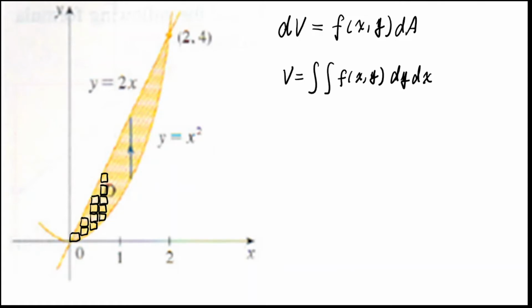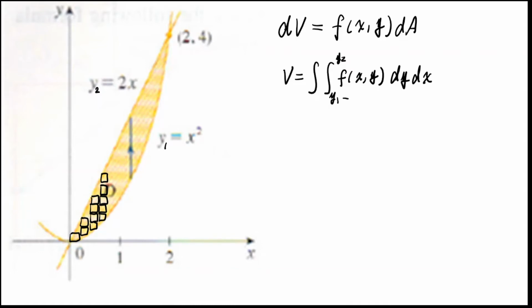Up to this point, it didn't matter. If you switch this variable, you just switch the limits of integration, right? So it didn't matter, but now it does a lot. So I'm going to call this y1 and y2, right? What we have to do is integrate this thing from y1 to y2. Do you understand that part?